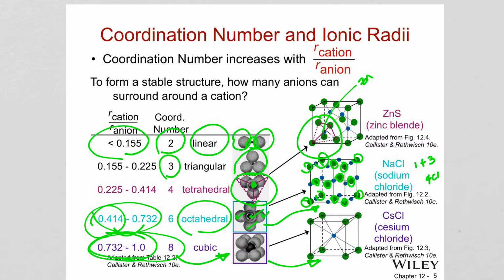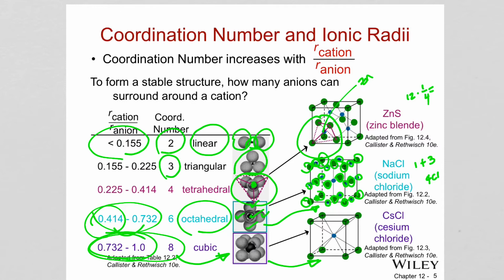And then you do the same for the sodium. We have 12 on the edges, 12 times 1/4, because 1/4 is shared for the edges.